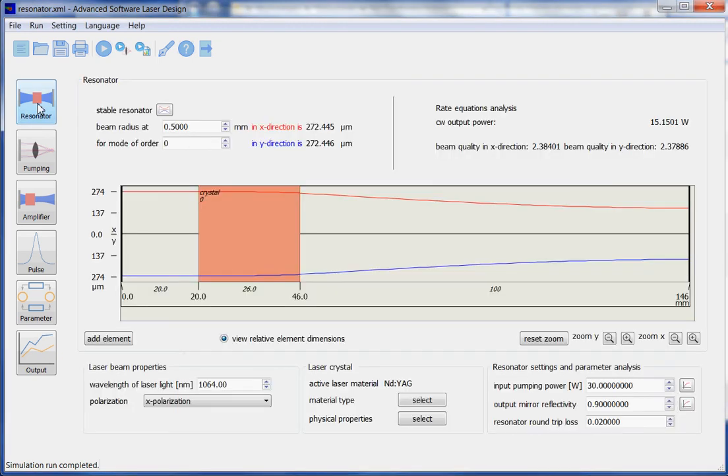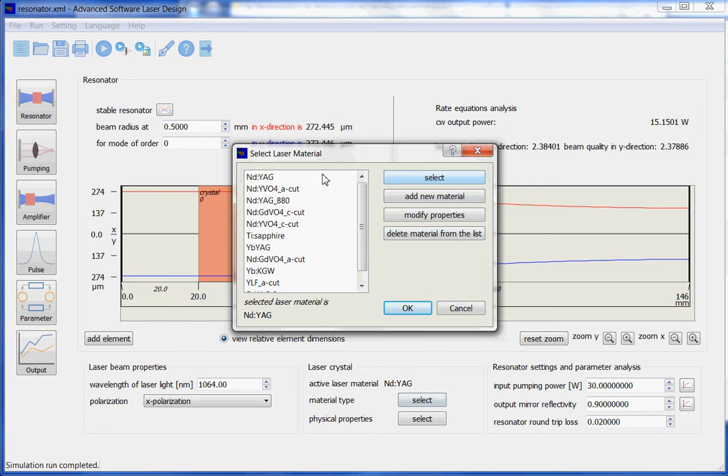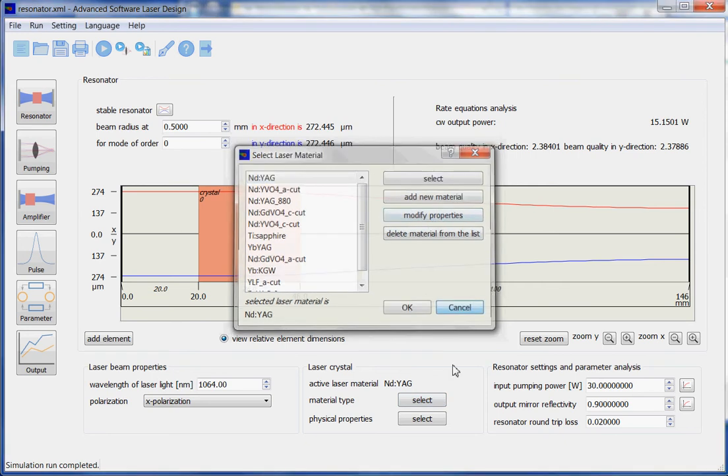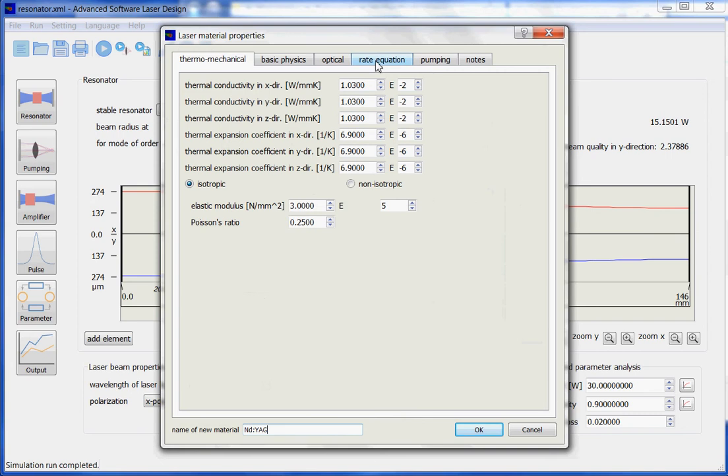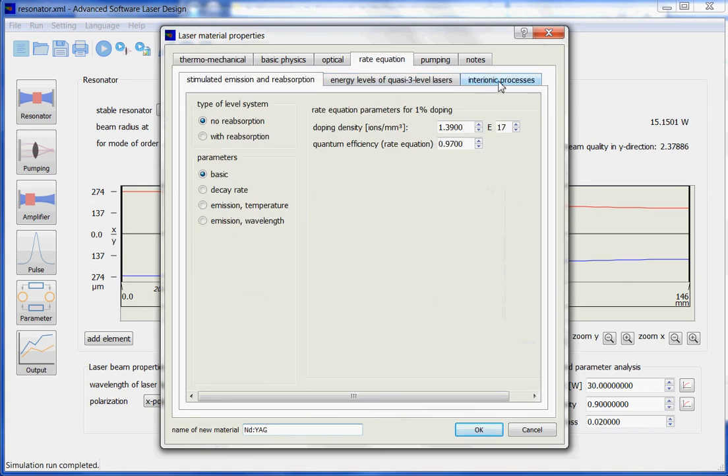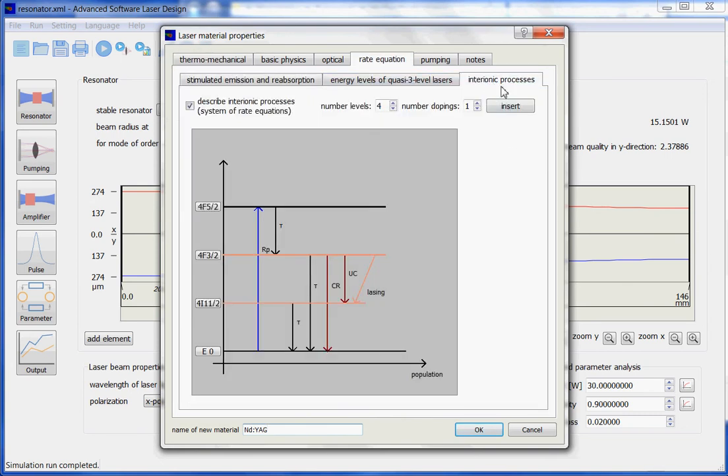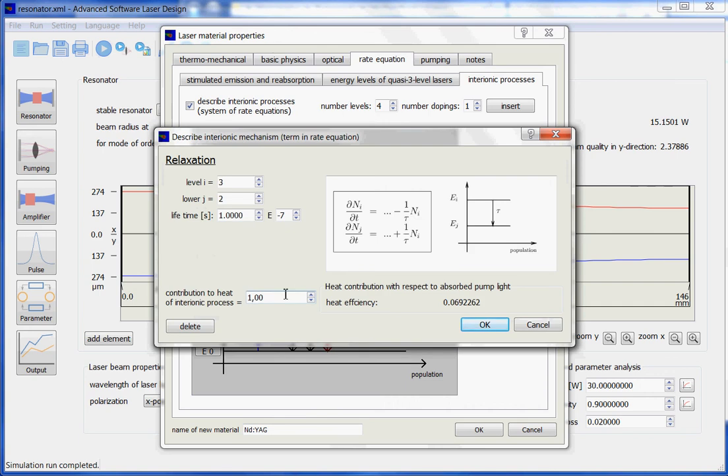Such a calculation can be done only if in the material module, as you can see here, in the rate equations, interionic processes are described. And then what ASLD is doing is, for each of these transitions, a certain amount of heat is generated, and you can describe which amount of heat is generated.